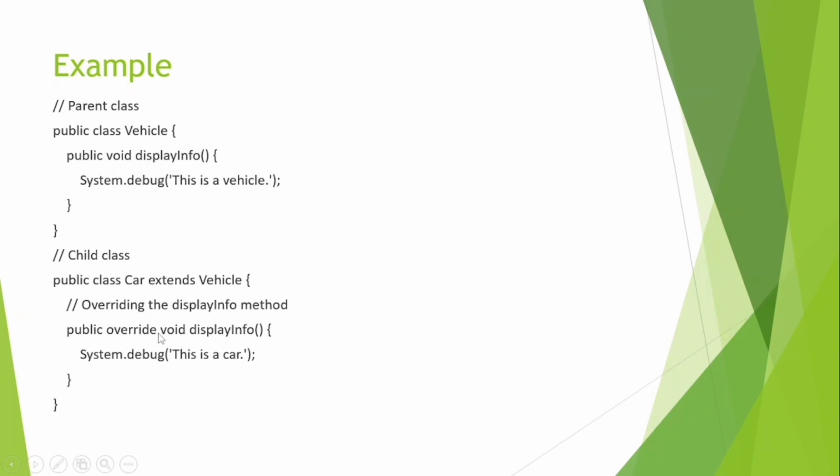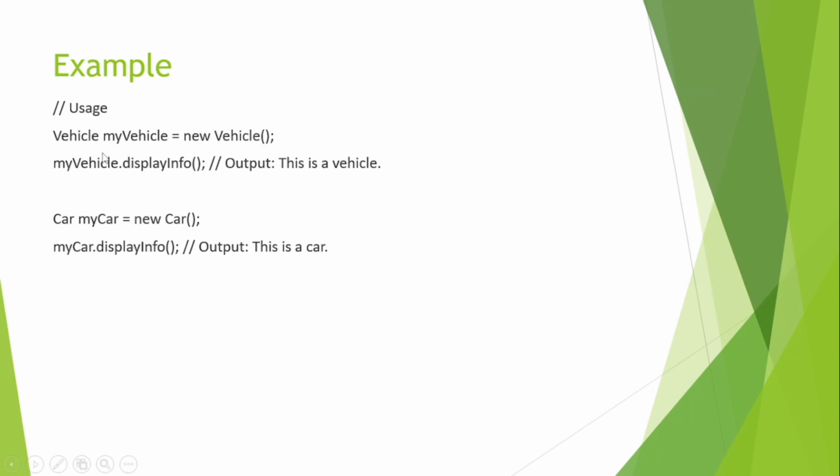So: public override void displayInfo, and here it prints 'This is a car' with System.debug. For usage, when we create an instance of Vehicle, new Vehicle, myVehicle.displayInfo is printing 'This is a vehicle'. Creating the myCar instance, myCar.displayInfo is printing 'This is a car'.